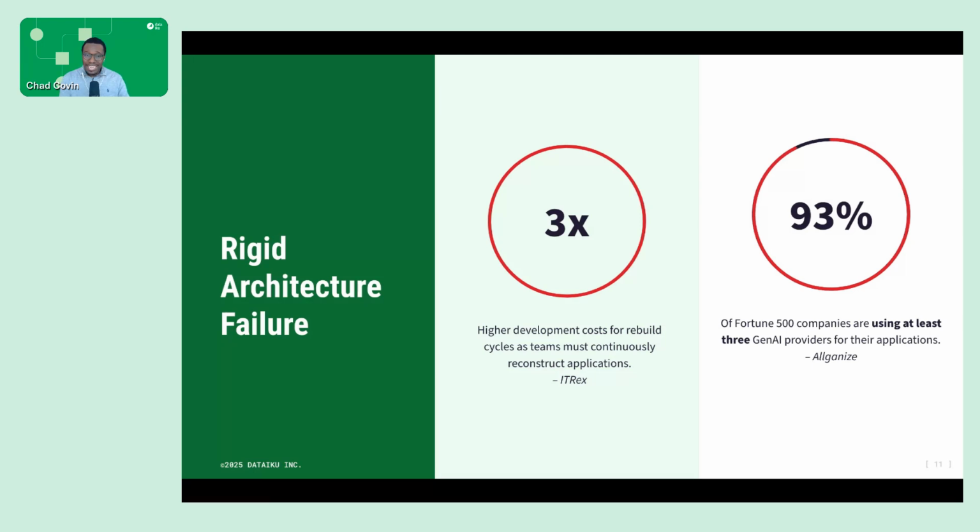Alganize reports 93% of Fortune 500 companies are using at least 3 GenAI providers for their applications, many of which are using 4 and 5 GenAI models and providers for each of their applications. The most successful companies aren't asking which model should we standardize on. They're asking, how do we enable an architecture to be flexible enough to use the best model for each specific need? Without this flexibility, you're constantly rebuilding rather than innovating.